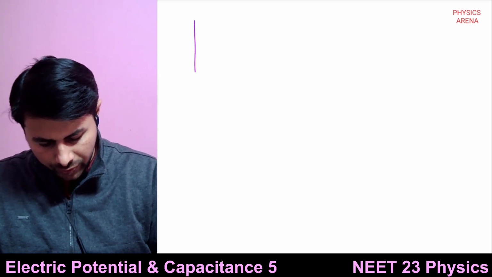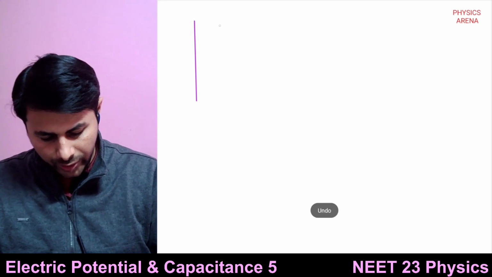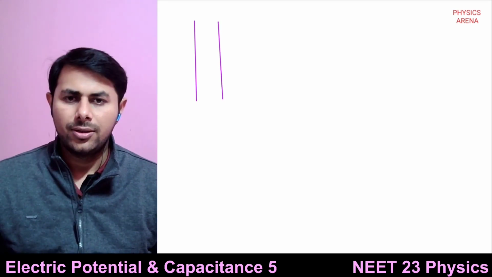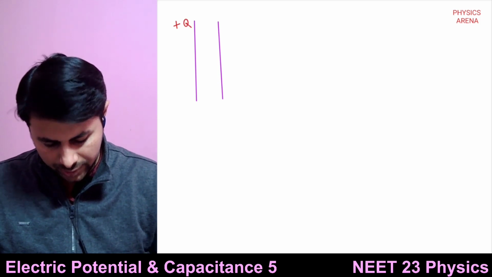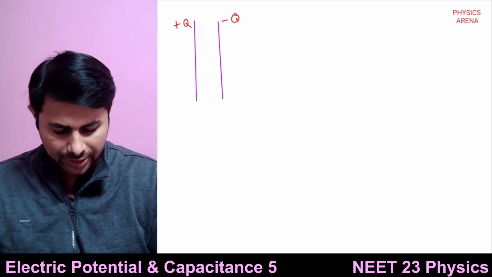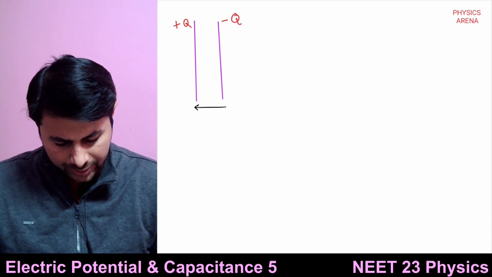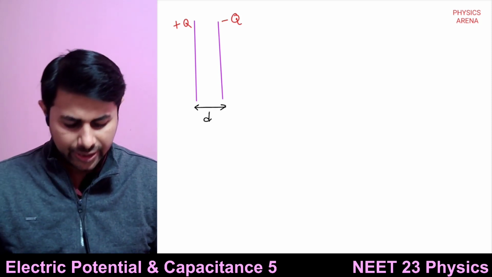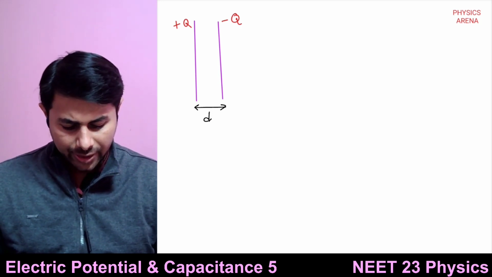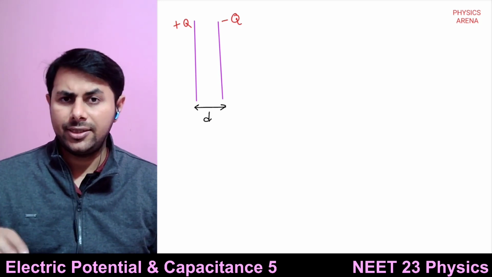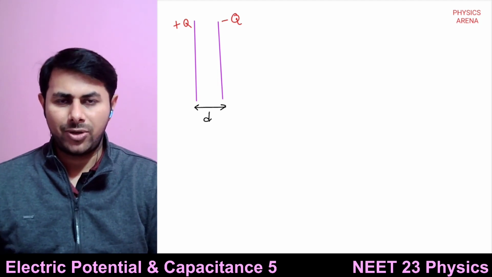Now, what will be the potential difference between these two plates? So charge on first one is plus Q, charge on second one is minus Q. Okay. And let's suppose distance between them is D. So now we found the electric field at a point which is inside these two plates, and we don't know anything else about that point.